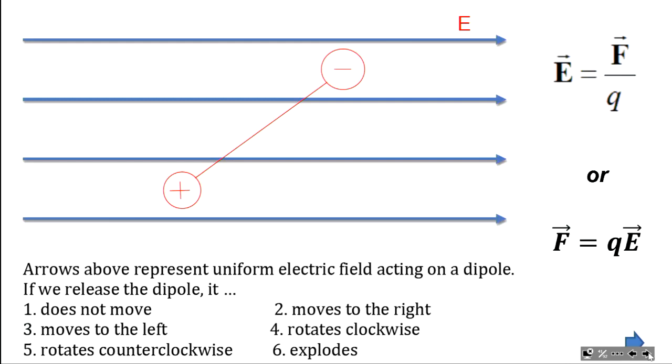So if I can generate charges, I can generate electric field between the charges, and if I have a dipole placed in a uniform electric field, well, we always have only two options.